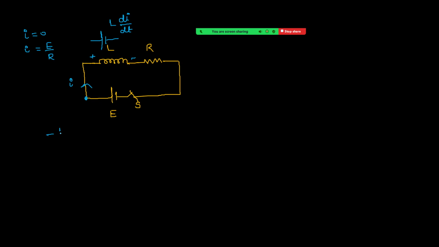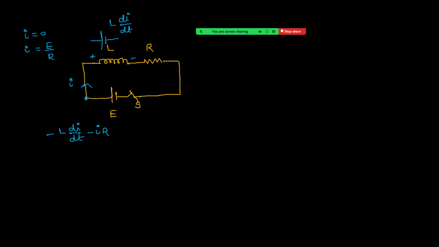So I am writing here minus L di by dt because moving from high potential to low. That's why minus. Next, we are moving along the current flow, so here also minus I into R along the current.